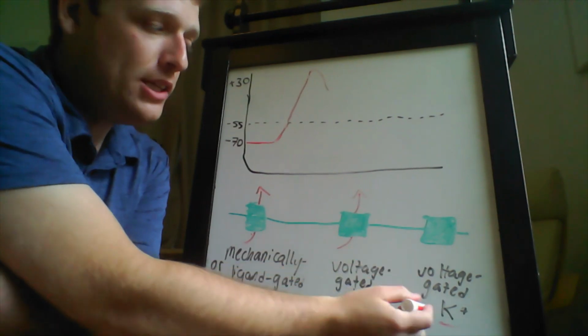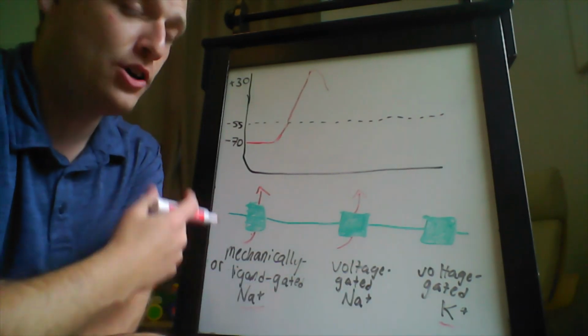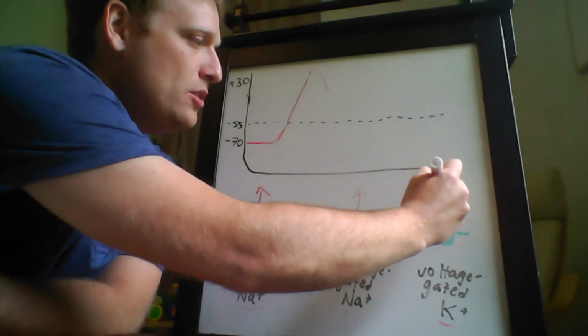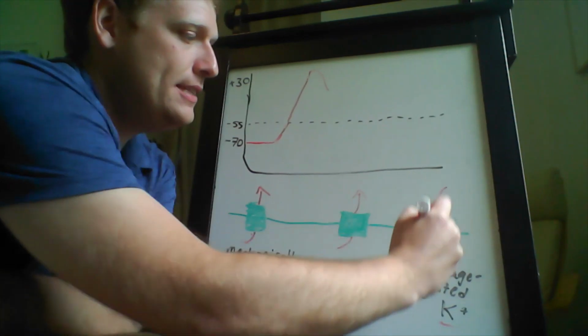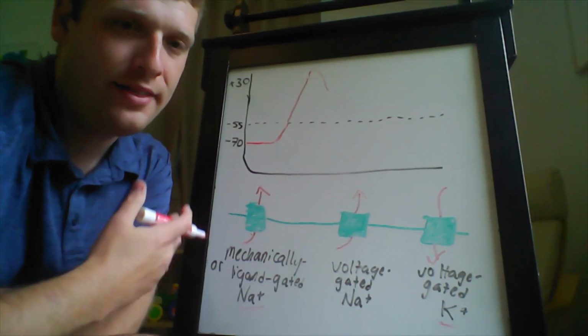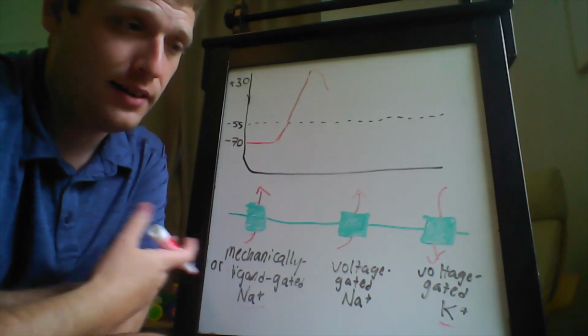So you get voltage-gated potassium ion channels opening after the action potential. Those potassium ions that were inside are going to flow outside with their concentration gradient. Because there are so many of them inside the cell, they want to escape.